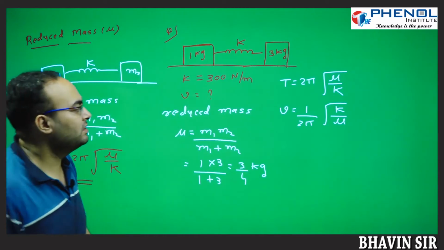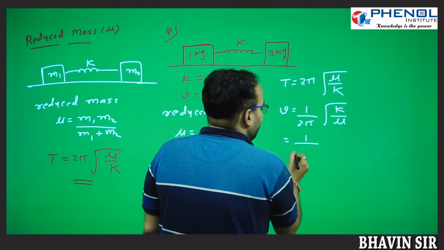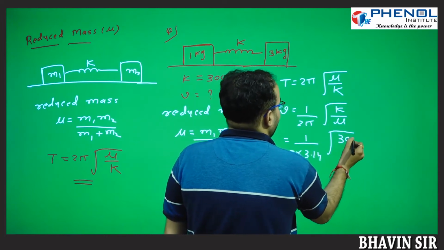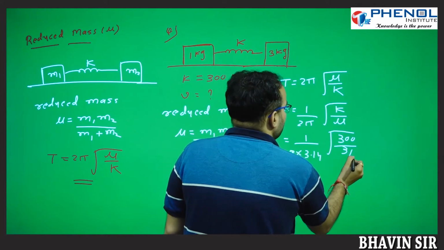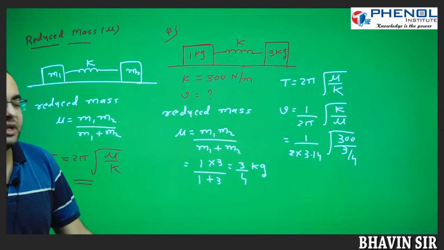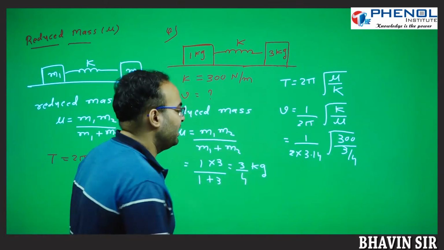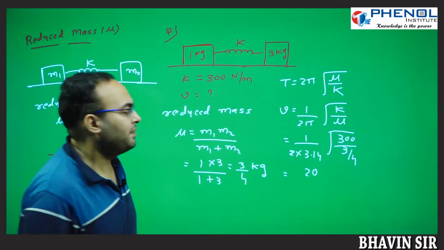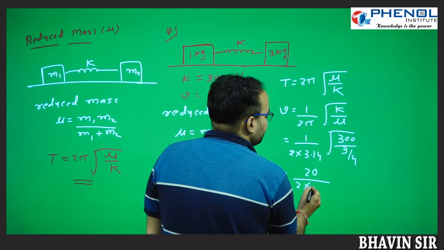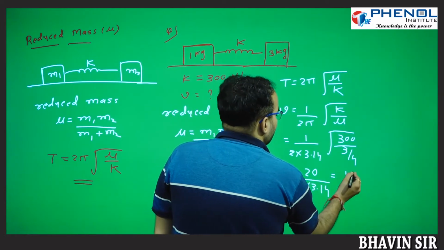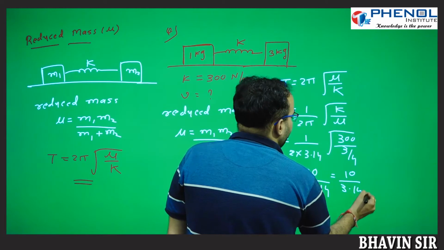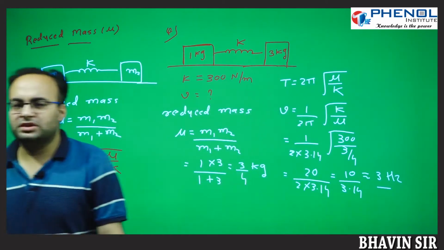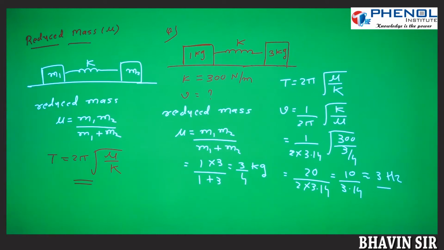Take 2 pi as 3.14, k is 300, mu is 3 by 4. 300 by 300, then 4 is also in multiplication, so it becomes root of 400, which is 20. So 10 by 3.14, which is approximately 3 hertz. So this is the concept of reduced mass.